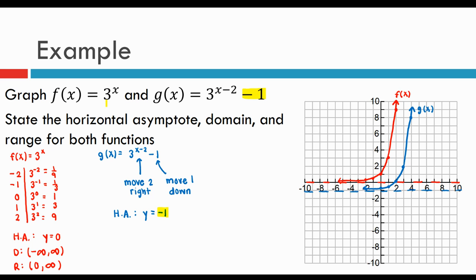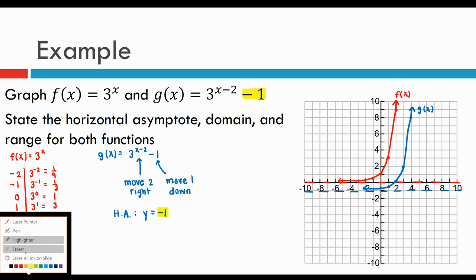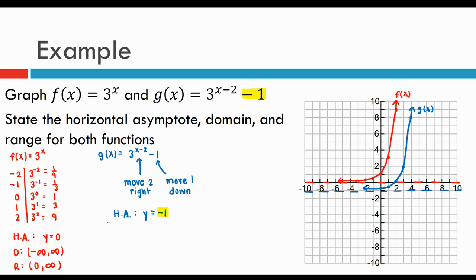So notice with my f of x function, because there was nothing being added or subtracted from that 3 to the power of x, that's why y equaled 0. Okay, so essentially whatever is shifting up or down becomes then that horizontal asymptote. So there's that relationship there.